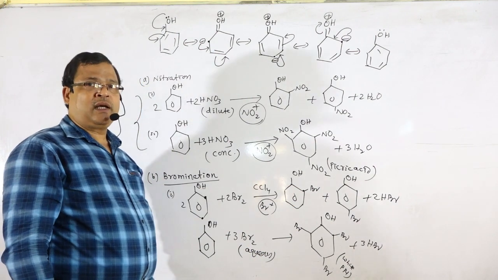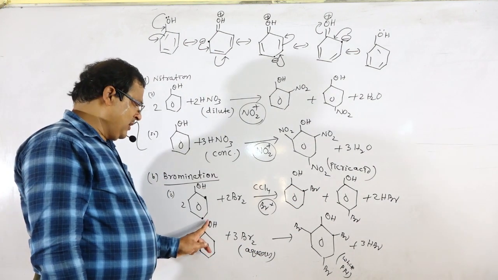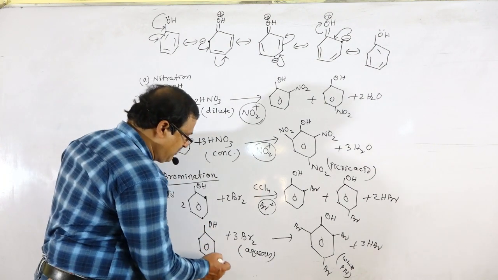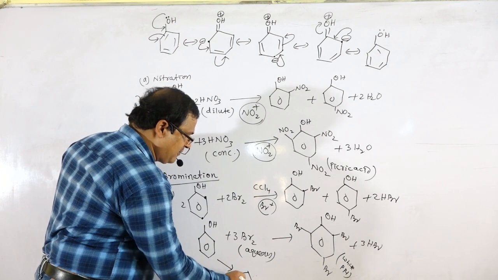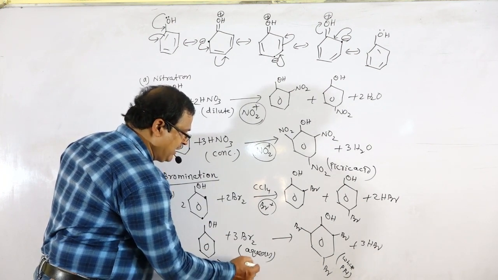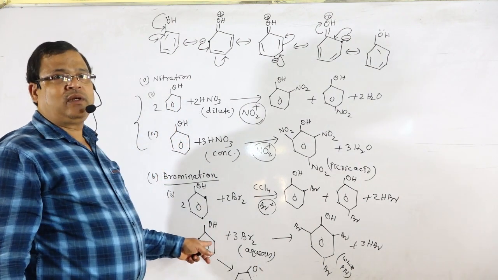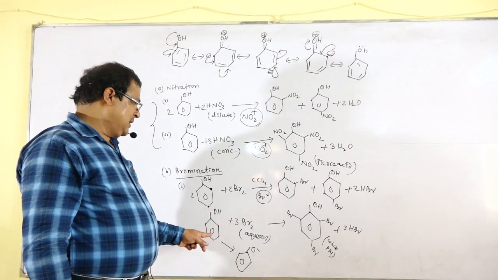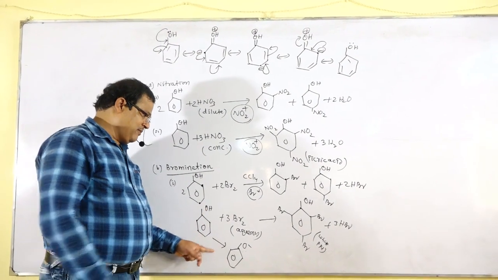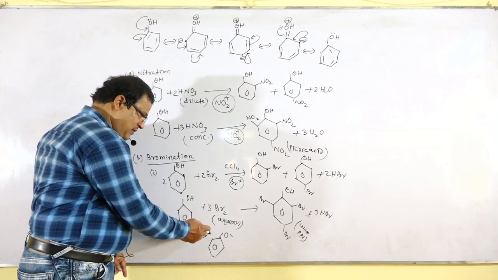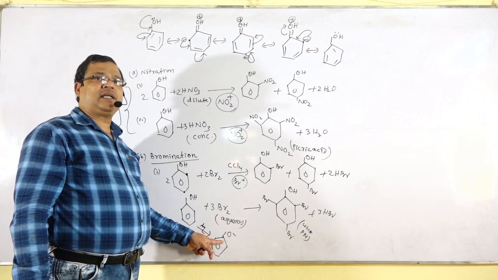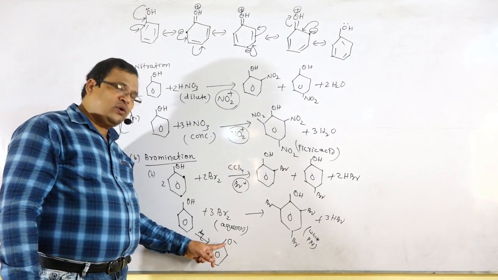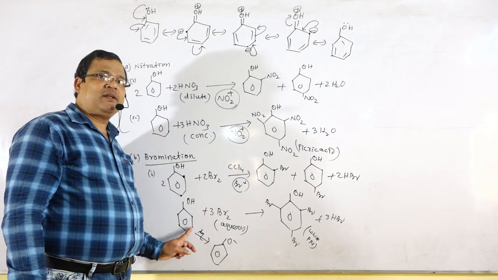The answer for this one: phenol in the aqueous medium has the ability to form the phenoxide ion, O minus, because phenol is acidic, as we have already explained. So phenol in aqueous medium produces the phenoxide ion, and this phenoxide ion has more directing power than phenol.